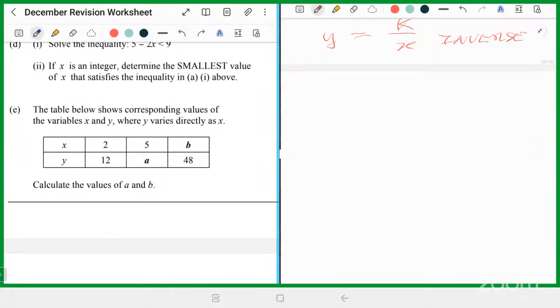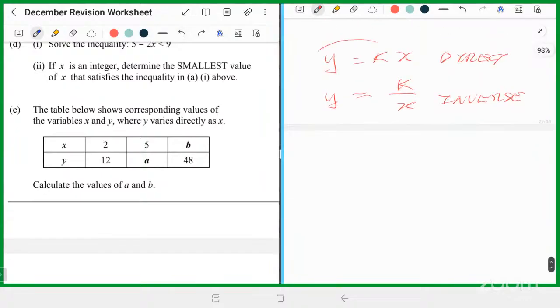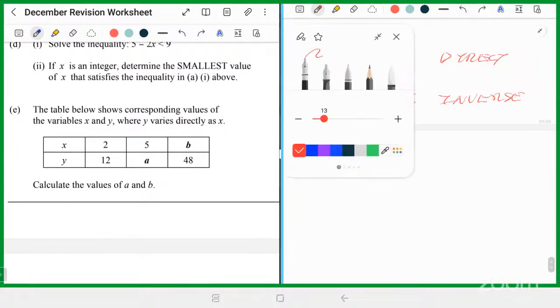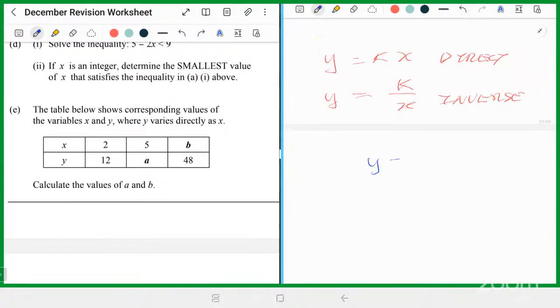So using this one, it's x and y. It's a direct variation, so y is equal to kx. That's the relationship between them. And this known pair of values is what you use to find k. The k is the variation constant. So use the point x equals 2, y equals 12.